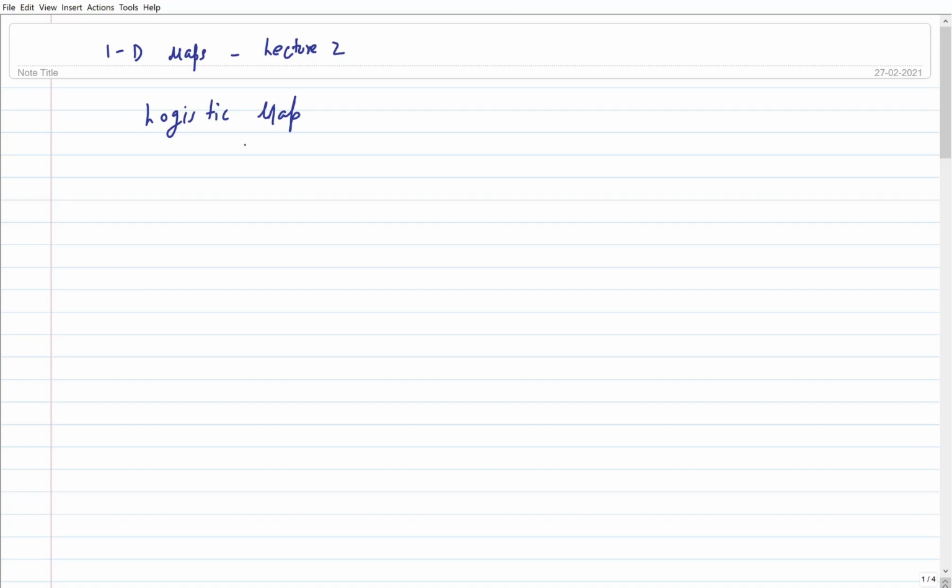The logistic map was given by the following equation. Of course, we had discrete time, and this was the recipe for the subsequent iterates of the map.